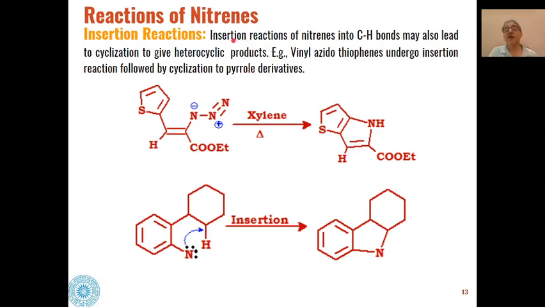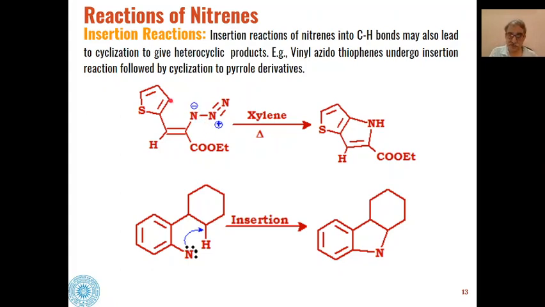Then insertion reactions of nitrenes into carbon hydrogen bonds may also lead to cyclization. If there is a possibility of cyclization, then we will get cyclic products. For example, if we have this type of azide, when this is heated, it will eliminate one molecule of nitrogen gas, and a nitrene will be formed at this place.